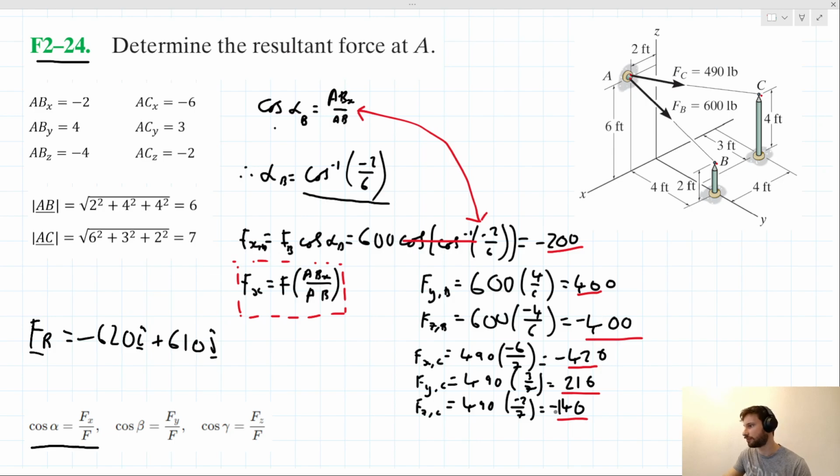And its z component is going to be minus 400 plus minus 140, which is going to be minus 540 k.